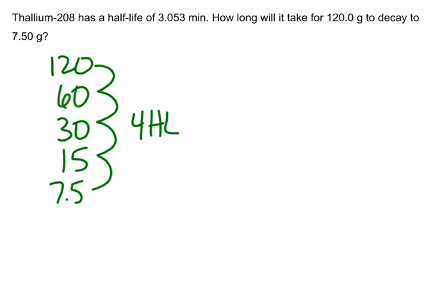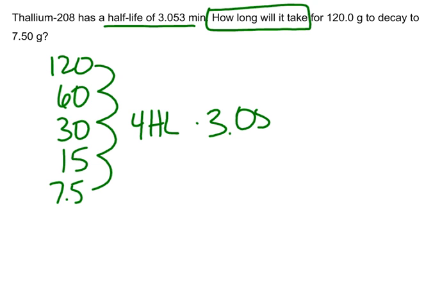If 4 half-lives have elapsed and each half-life is 3.053 minutes, then to find the total time for this decay to occur, I simply multiply 4 half-lives by 3.053 minutes.